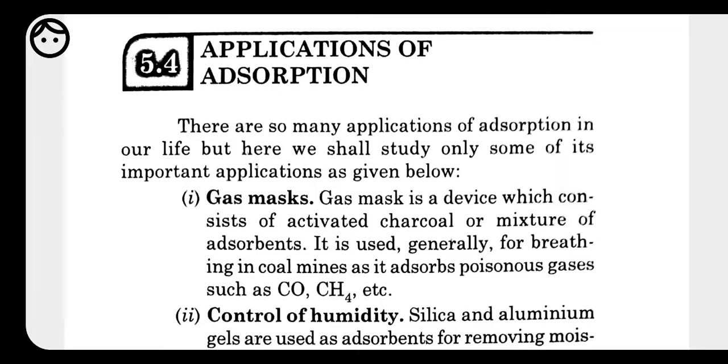A gas mask is a device which consists of activated charcoal or a mixture of adsorbents. We have already discussed that charcoal has the ability to adsorb pollutants and gaseous substances present in the surroundings only over its surface without taking them inside. This is helpful for making masks because it purifies the air, and all the pollutants in the air simply stick over the surface of the charcoal and we get fresh air.